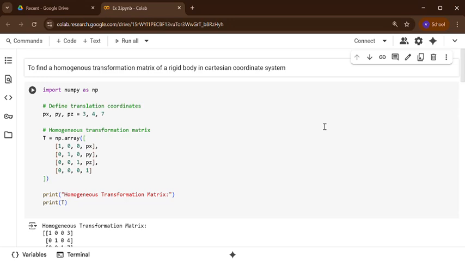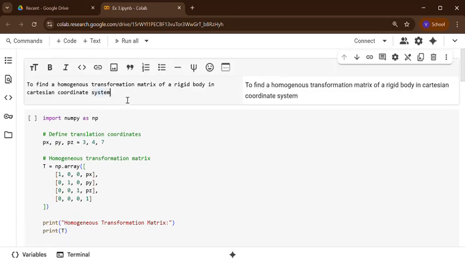Transformation means orientation plus translation. Generally, robot transformation is equal to orientation plus translation.